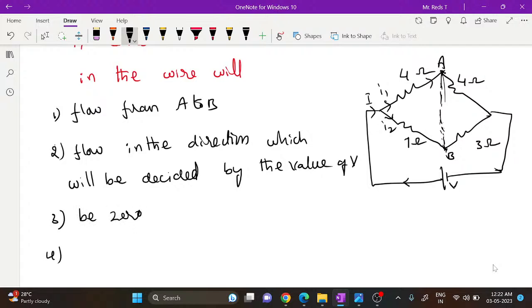The fourth option says the current in the wire will flow from B to A. Which option is right?